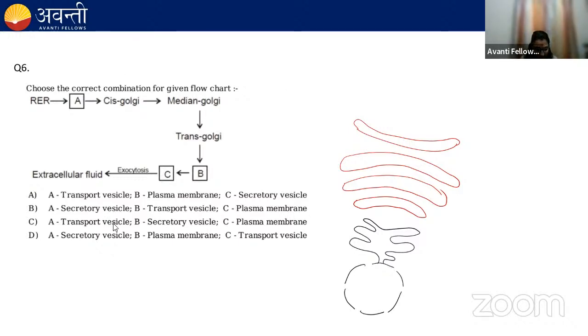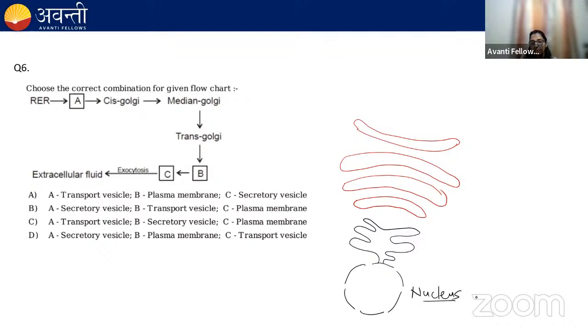Okay, now let's discuss. Very good, Sushant. See, this is a nucleus.